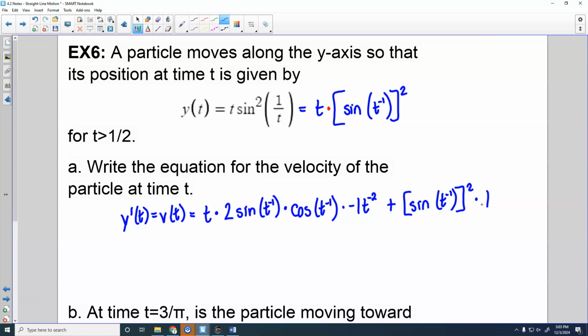Okay, so what I would do for this is I would clean it up a little bit. It is done right here, but they are asking you a part B, so I would clean it up a little bit. I'd get rid of negative exponents and deal with that a little bit. So I've got 2t sine of 1 over t cosine of 1 over t.